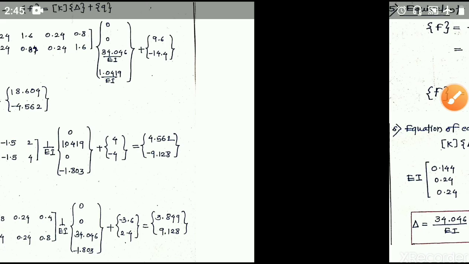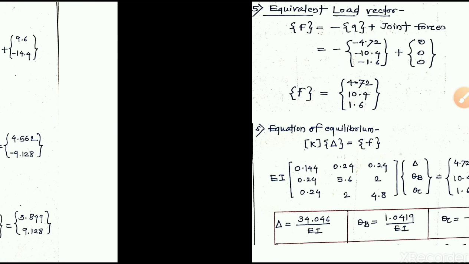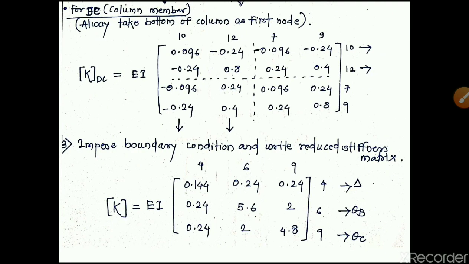And lastly, to get the moments and reactions, you can again use the equation F is equal to K delta plus Q. This equation you can apply for each member separately, or you can apply it globally. Here it is applied for each member separately. First, for member AB, only moments are calculated here, so you need to consider only the second and fourth rows of this AB matrix.